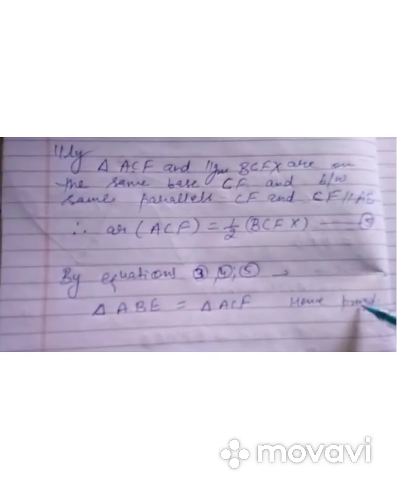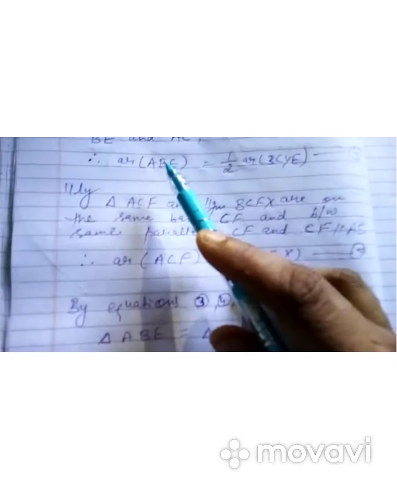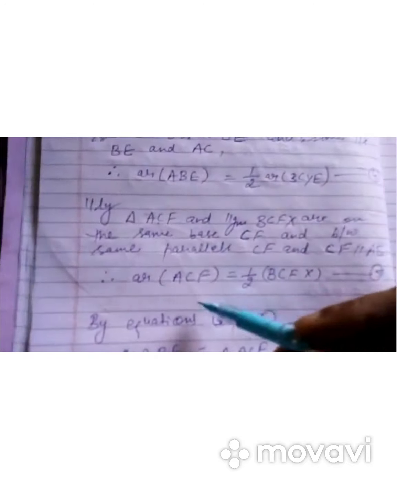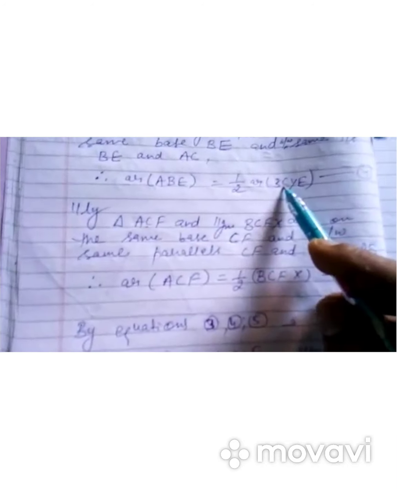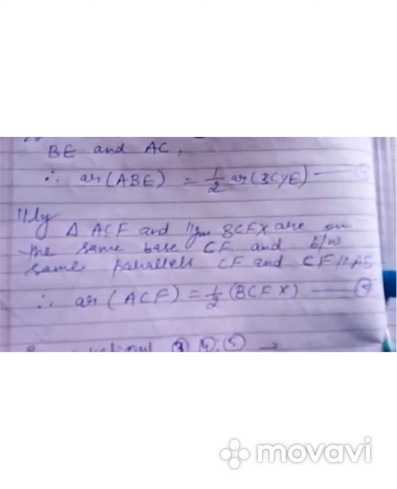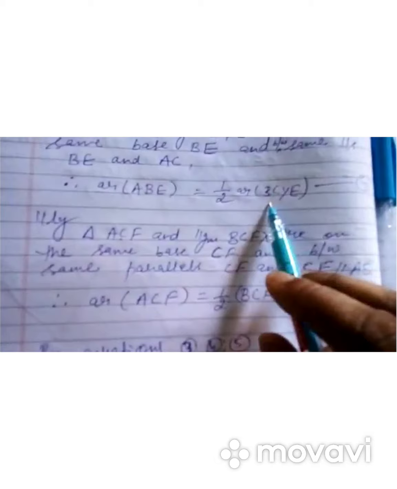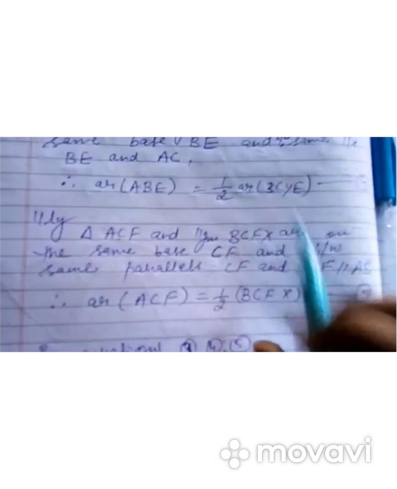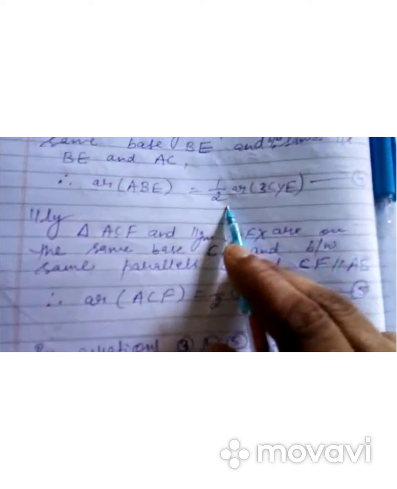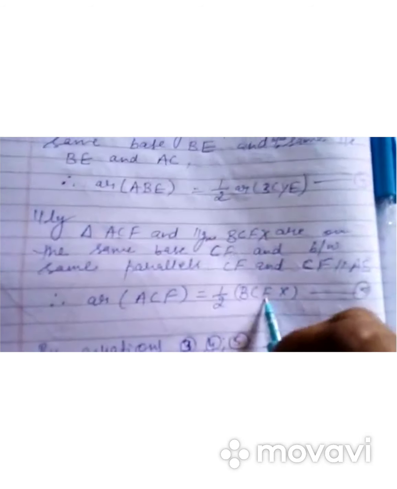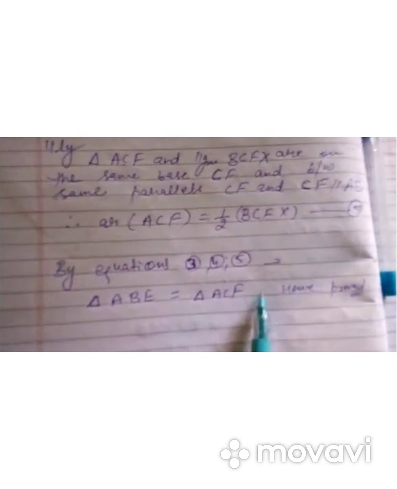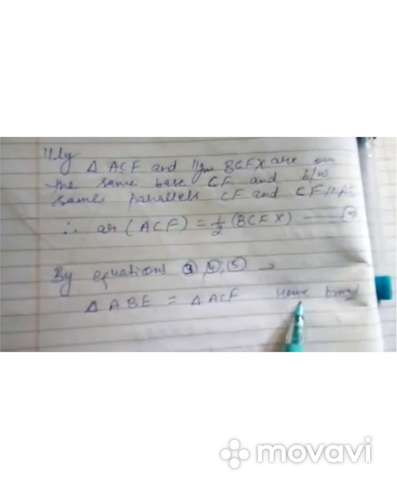Since the parallelograms' areas are equal, their halves are also equal, so these are cancelled. We need not show by cancelling, it is understood. We write directly ABE and ACF. This is what we had to prove, hence proved.